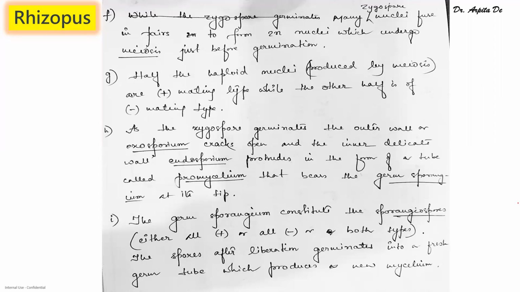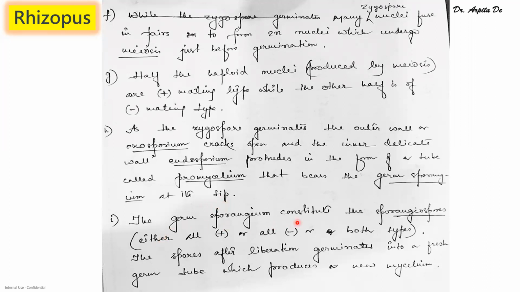All right. As the zygospore germinates, the outer wall or exosporium cracks open, and the inner delicate wall or endosporium protrudes in the form of a tube called promycelium. Clear? That bears the germ sporangium at its tip.